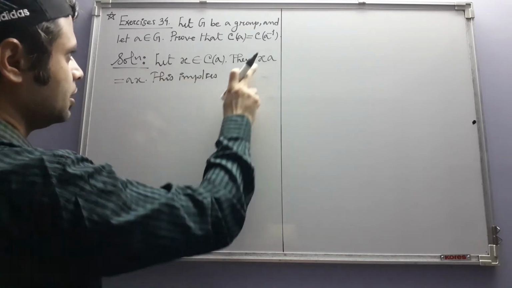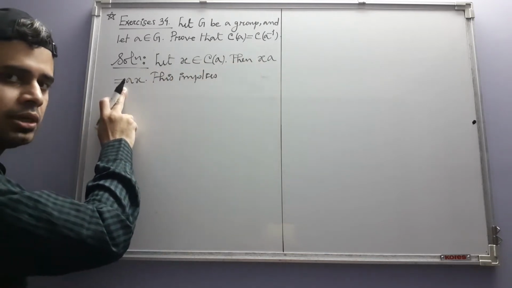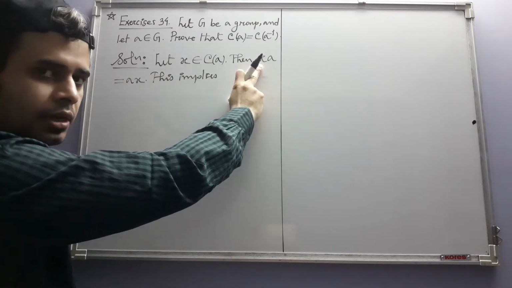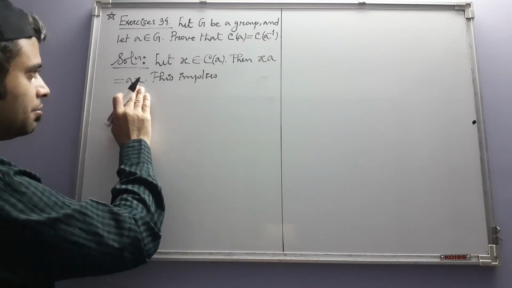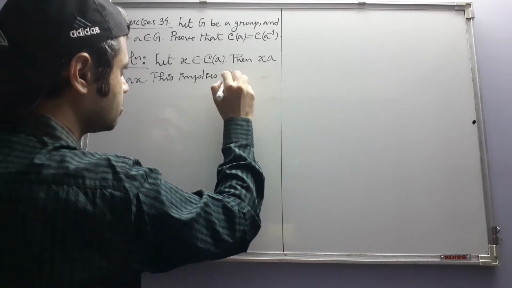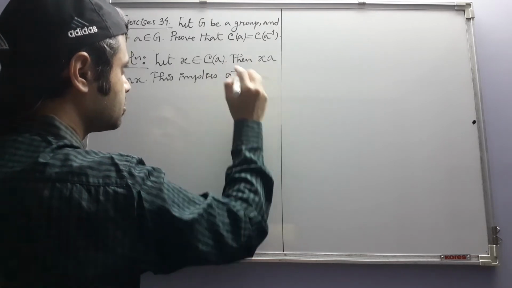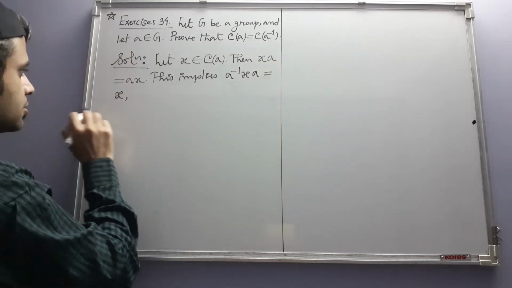This implies, if we pre-multiply both sides of this equation by A inverse, on this side we will have A inverse XA, and on this side A inverse and A will cancel out, we will be left with only X. So we have A inverse XA is equal to X.